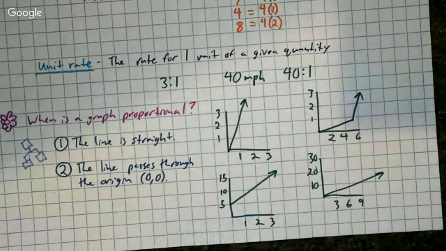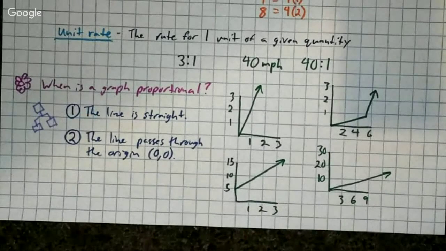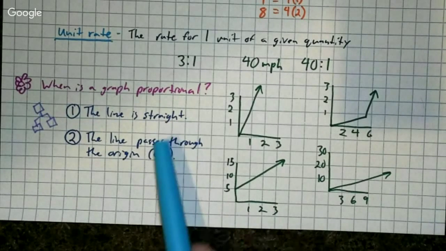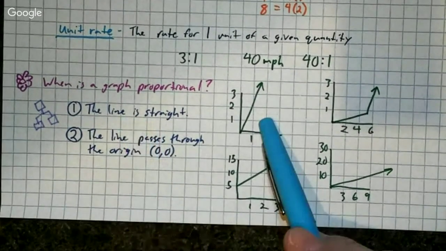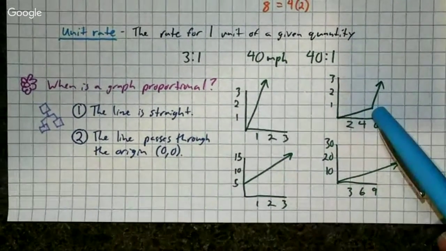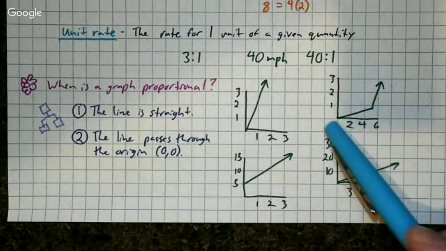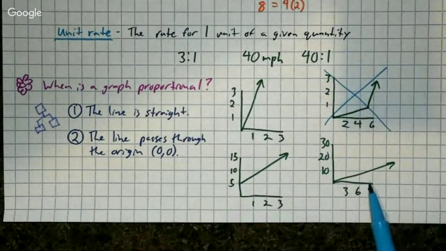Okay, so now looking at these, which ones are proportional and which are not? We just need to make sure that they hit the 2 rules. First, which ones can't work because the line is not straight? This one is straight. This is an option. This one's straight. This is an option. This one is not straight. It turns halfway. That is not proportional. This one is straight. Okay, so now we have three options.